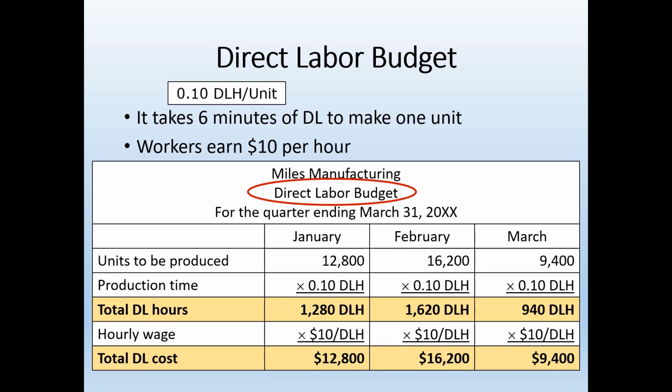And the firm has a chance now, before the period ever starts, to make sure that it has enough trained workers for each month's production, and to think about how it might deploy its workers in months like March, when they don't need as many labor hours for production, but they may be able to find some other useful training or other firm needs for those workers.